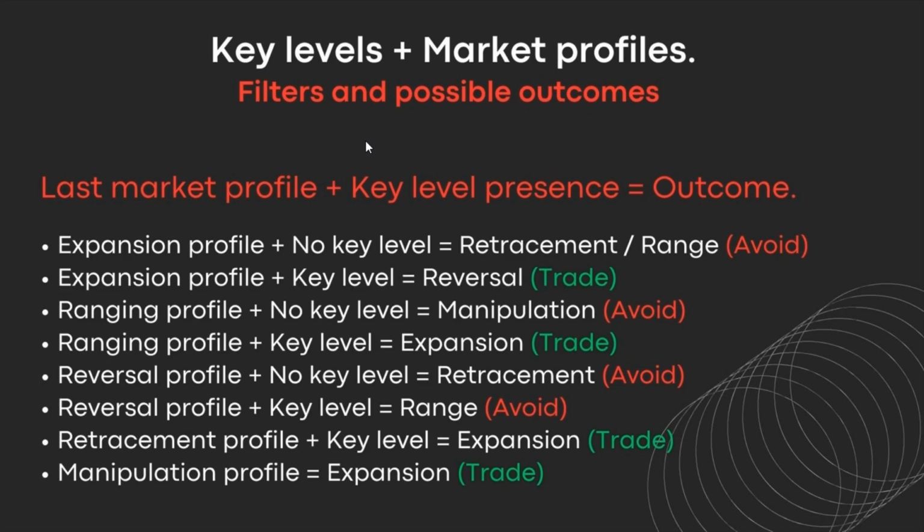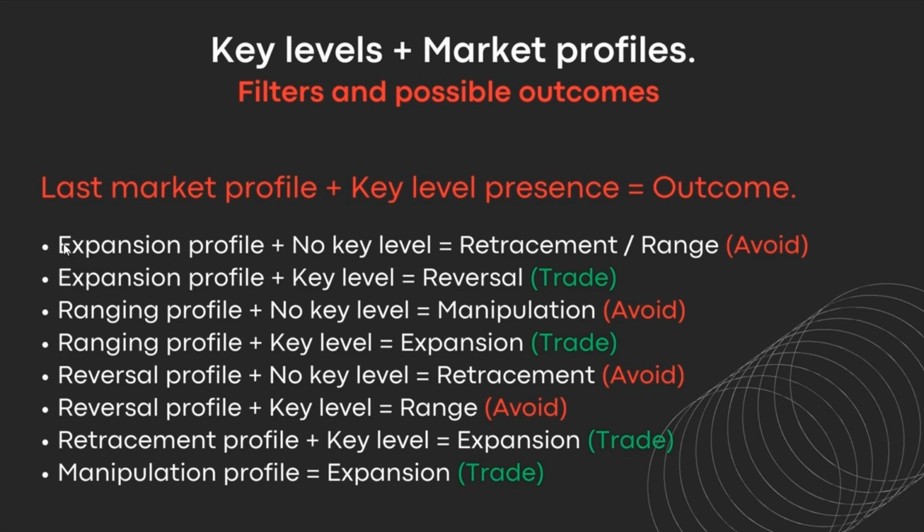Now let's discuss some combinations and outcomes of market profiles again, right? Here we have a format. The first variable in this equation represents the last profile that has ended, and the second variable represents the presence of a key level and whether a key level has been tested or not, or whether it's present or not. Combining them together gives us a possible outcome, which is the constant of this equation.